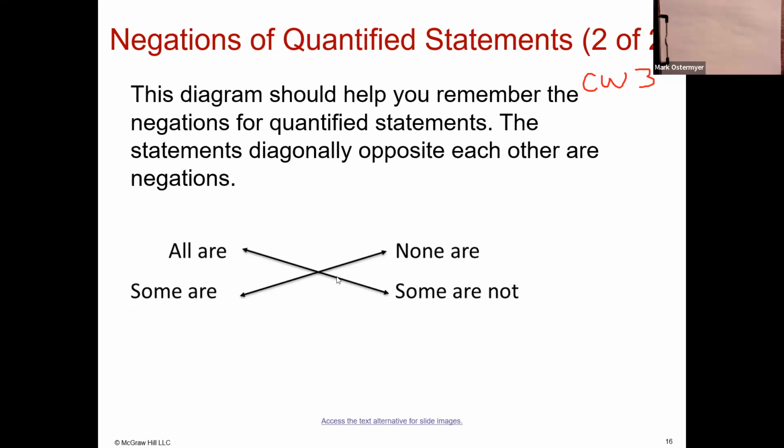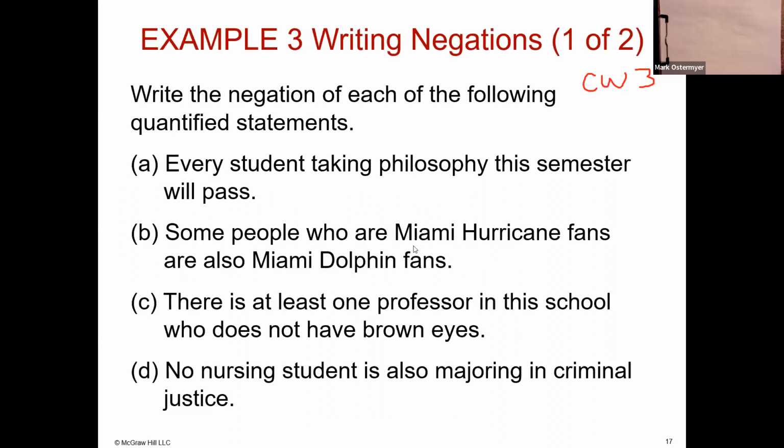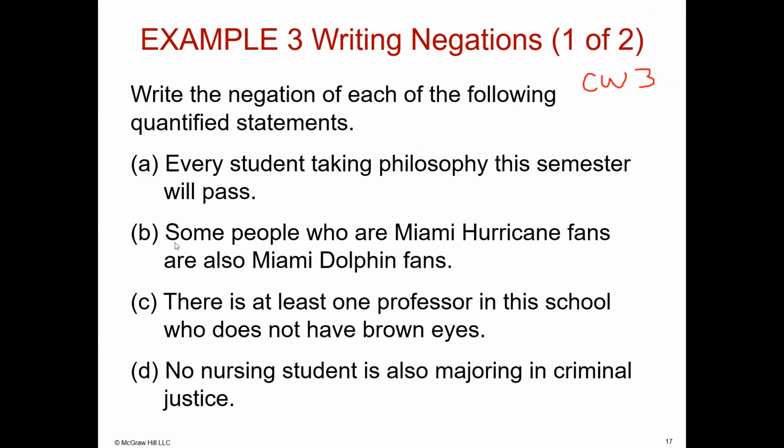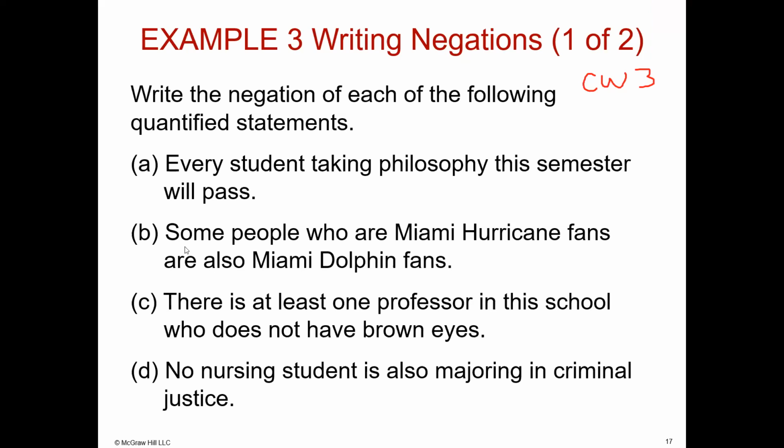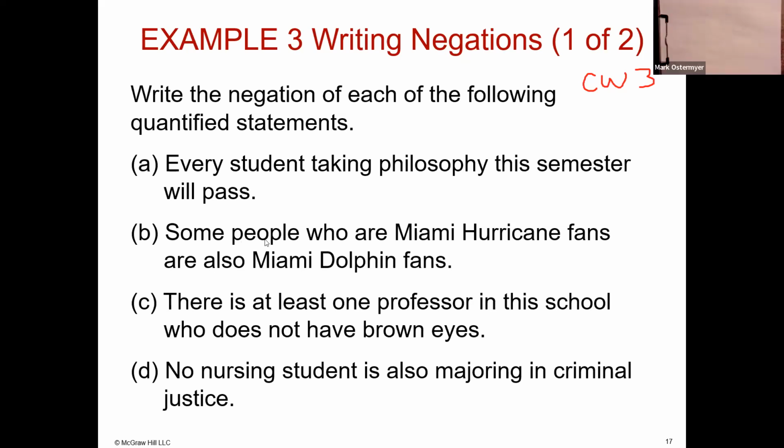None. So we applied that to B here. We would say no people who are Miami Hurricane fans are also Miami Dolphin fans. To say none people is not proper grammar.